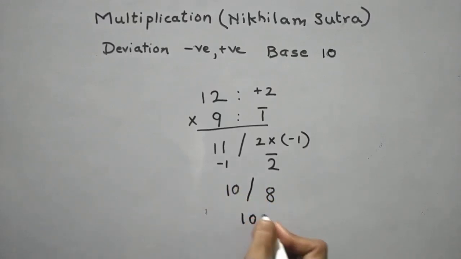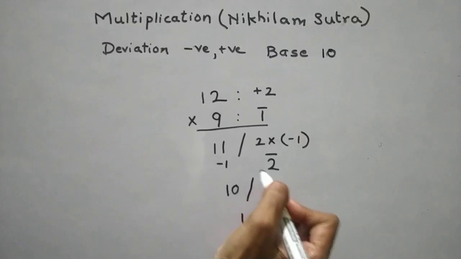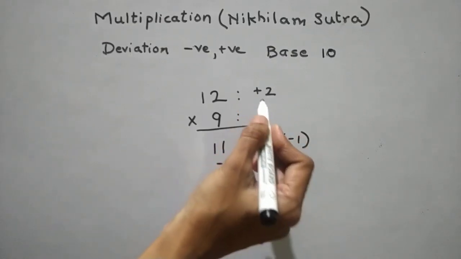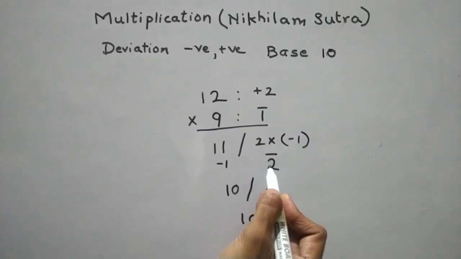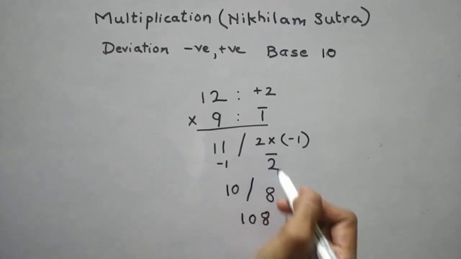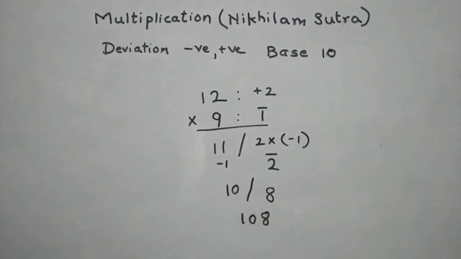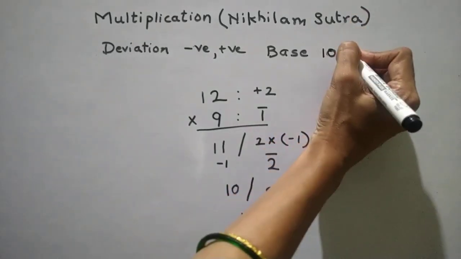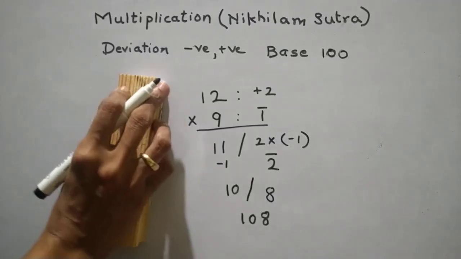So your final answer is 108. That is how you work with negative and positive deviation together: because your answer comes in minus 2, we take one base from the other number, subtract it, and subtract 1 from that number. Now let's take the base as 100 and check out one more example.